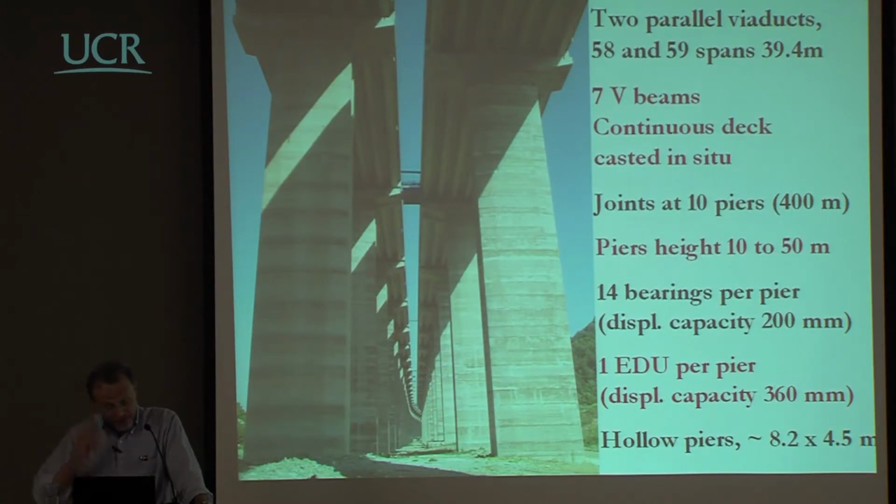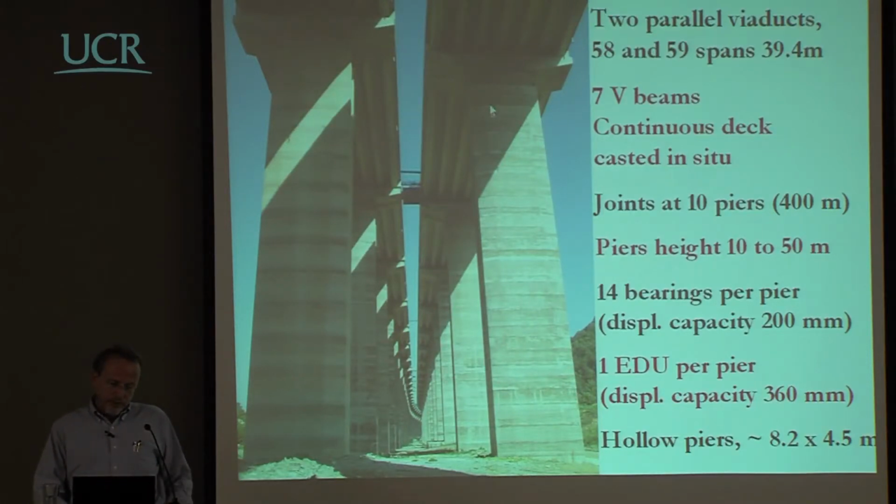This again is something that doesn't make a lot of sense, to have an energy dissipating unit which has a larger displacement capacity than the bearings. What they were thinking was that even if the bearing was going beyond the capacity, the friction was going to increase, but in a general sense the bridge could still work.